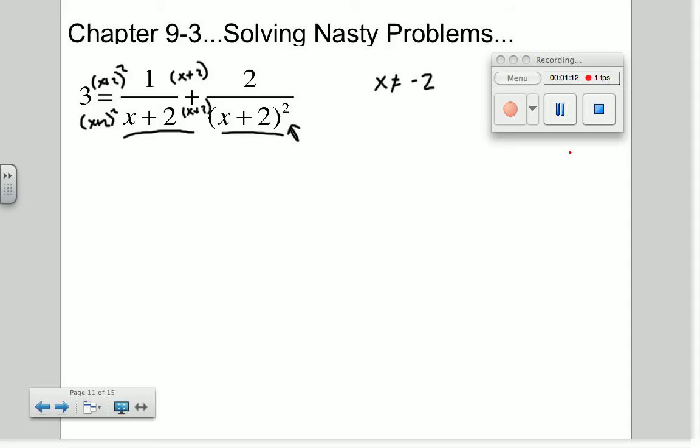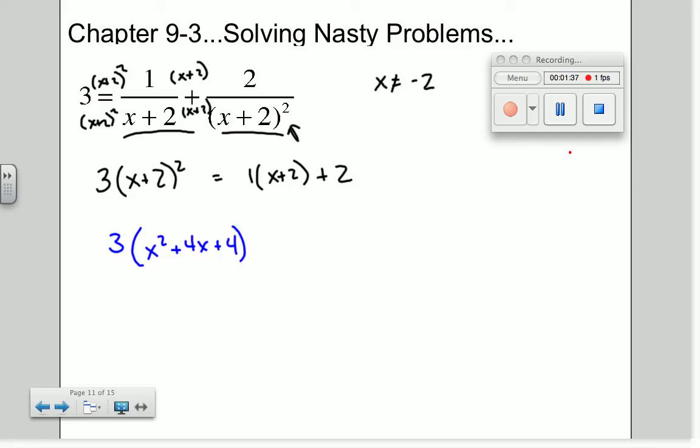And then go ahead and ignore the denominators. So we have 3 times x plus 2 squared equals 1 times x plus 2 plus 2. And those were the numerators. Now, I need to expand x plus 2 squared to give me 3 times x squared plus 4x plus 4 equals x plus 2 plus 2.